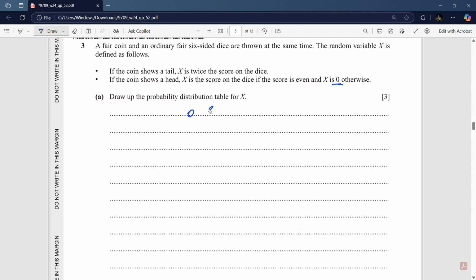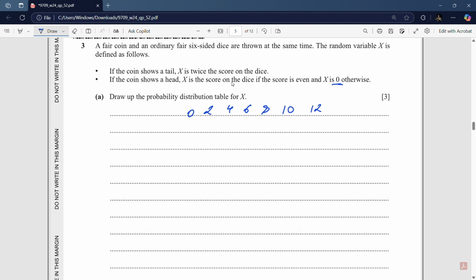So we have 2, so we can't have odd numbers here. And here, because the score on the dice will be multiplied by 2, we can get 8, 10, and 12.